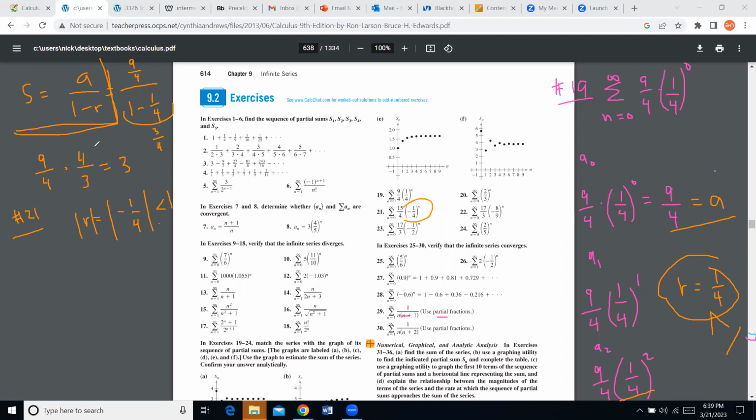So the first term looks like 15/4, without that ratio. And then for the sum, I use the formula above, just take my 15/4 and divide this by 1 minus 1/4, which is 3/4. So I'm going to flip 3/4 and write it as 4/3. Multiplying 15/4 by 4/3, it looks like it's 5.